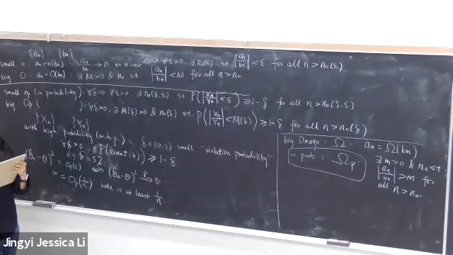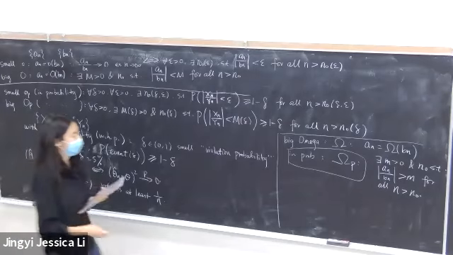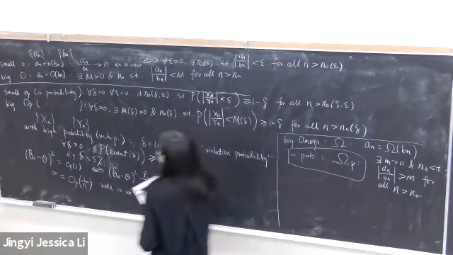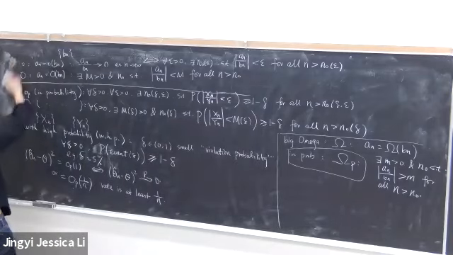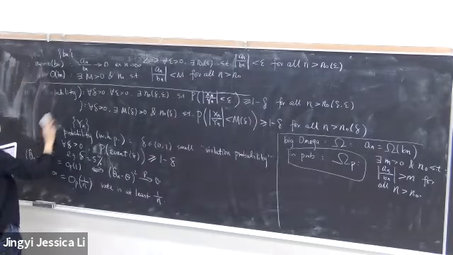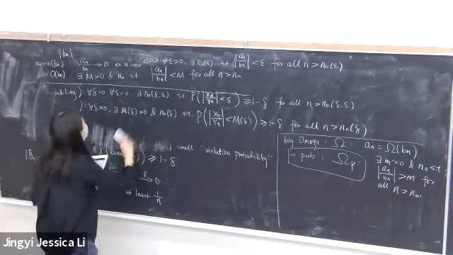Today, we're going to talk about 4 modes of convergence for random sequences. And we're going to go from, I think, the easiest to the more difficult ones.